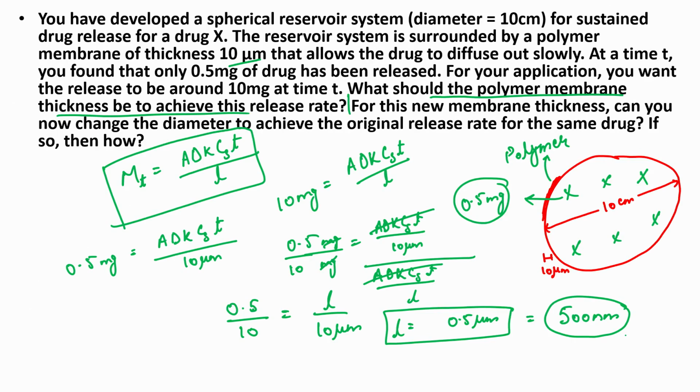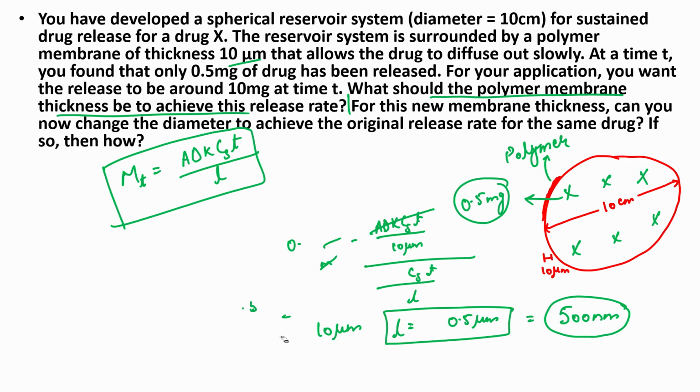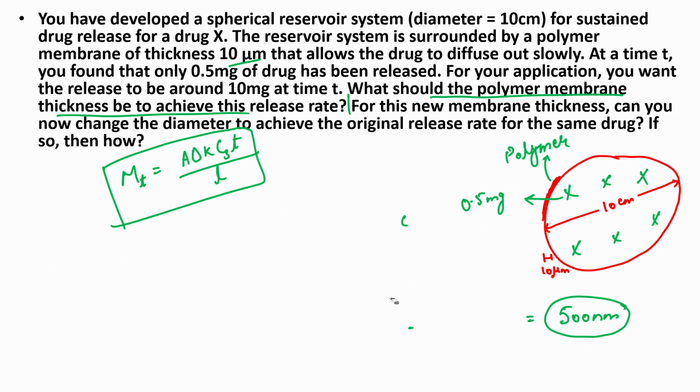So, let us remove this. Now the values that are given to us are these: 10 milligram, which is the released amount, is, because we are changing the diameter, the area will change.